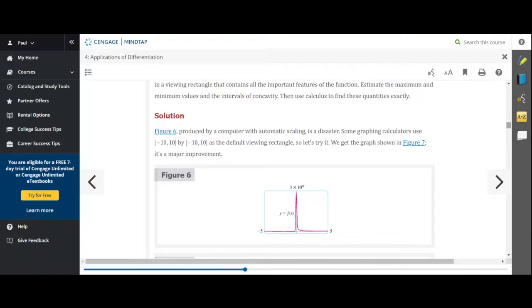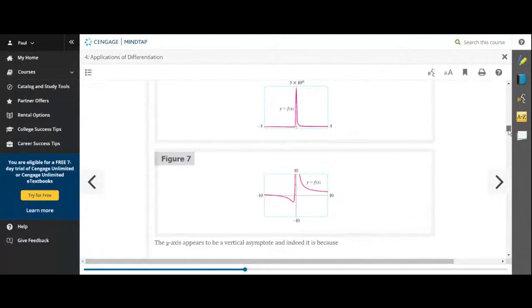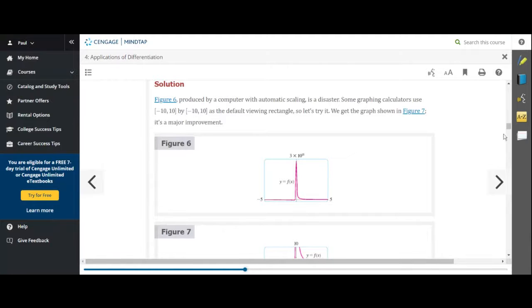And MATLAB, if it were to graph this rational function, x squared plus 7x plus 3 over x squared, it would produce a graph like in figure 6, where, at x equals 0, the function is very large. That's 3 times 10 to the 18th power in the y window.